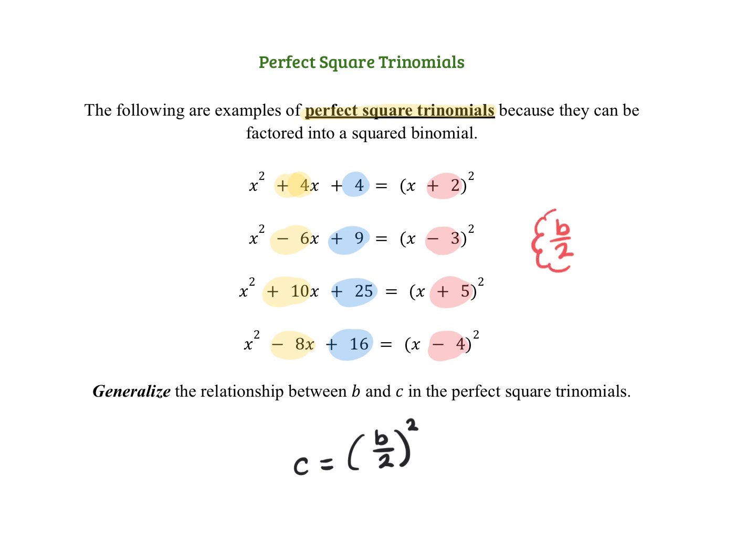So it is going to be useful to make note of this whenever you're trying to factor that perfect square trinomial. The number inside your factor is always going to be half of your b value if you did it correctly. So this is an important little expression to know. We need to know that this c value is always going to be half of b squared. And we need to know that the number in the factor is always going to be half of b.